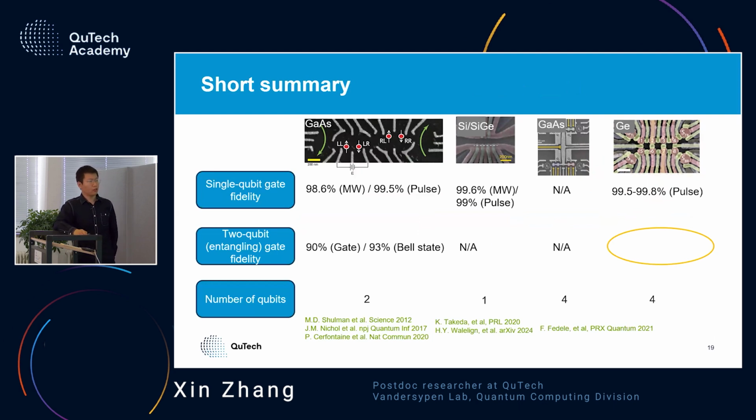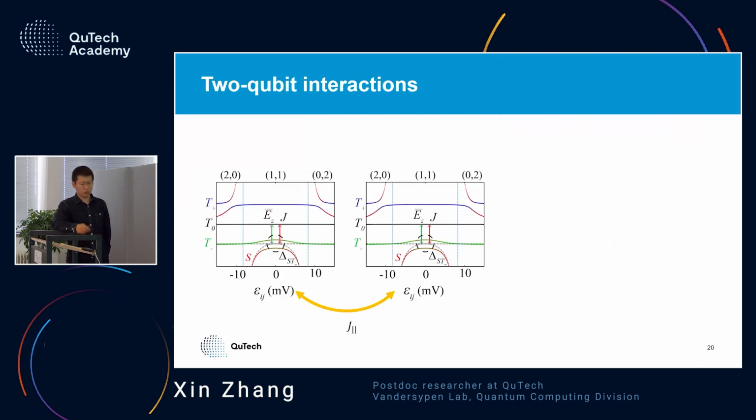And now I'm moving to the 2 qubit gate in the singlet-triplet qubits. Assuming that you have single qubit energies like this, and you have 2 copies of it, the 2 qubits interact with one another due to the exchange interaction between them.